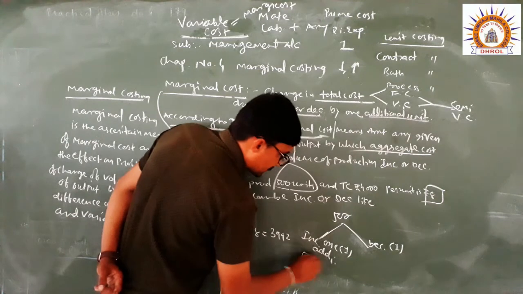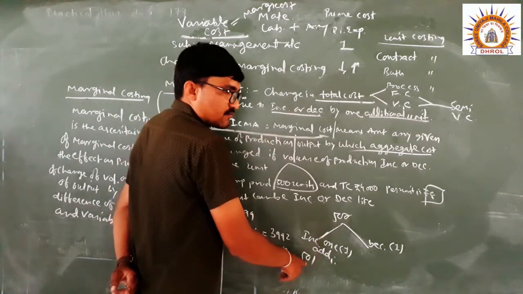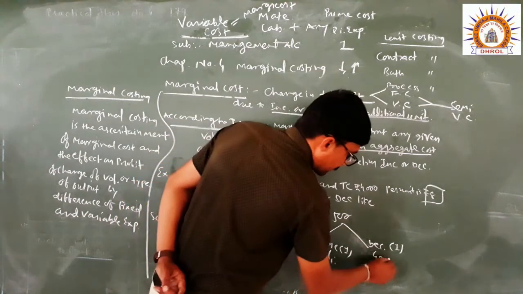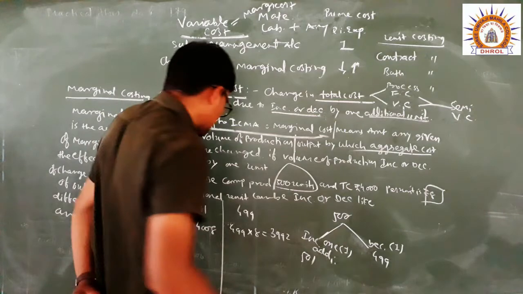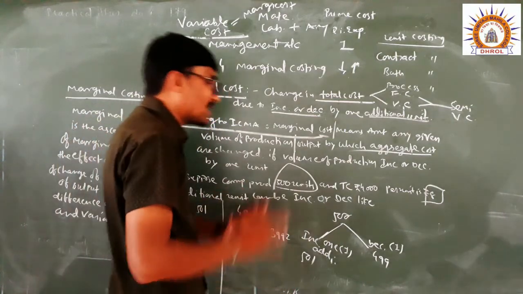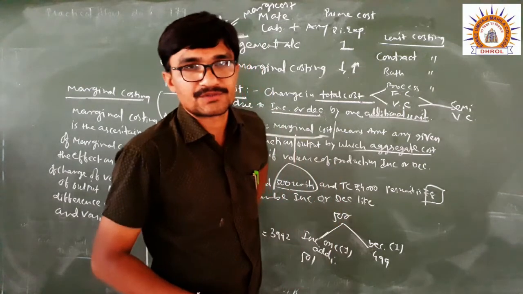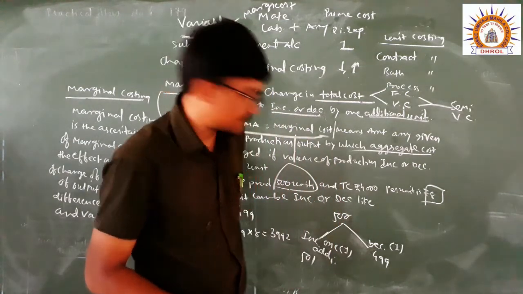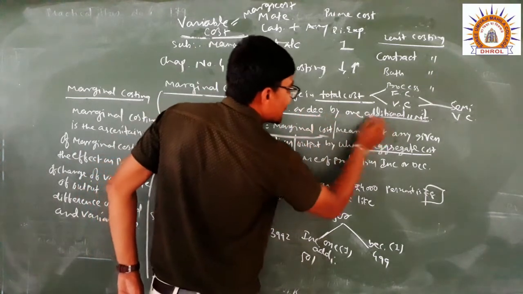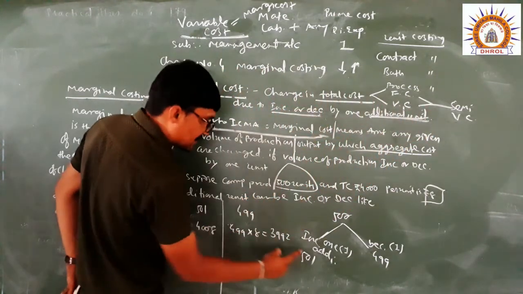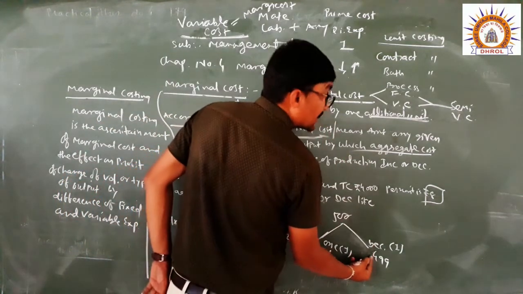So instead of 500 there is 501, and here 499, which means a decrease, right? While calculating the total cost with the concept of marginal cost, that is the variable cost, there is an increase or decrease by an additional 1 unit.